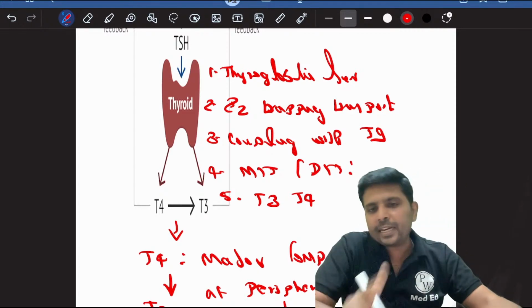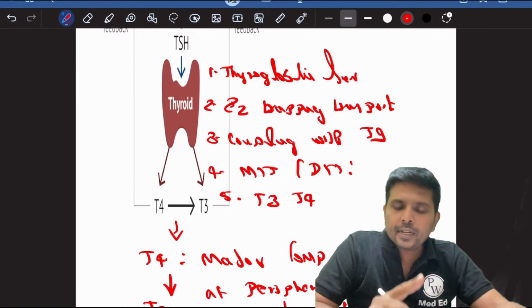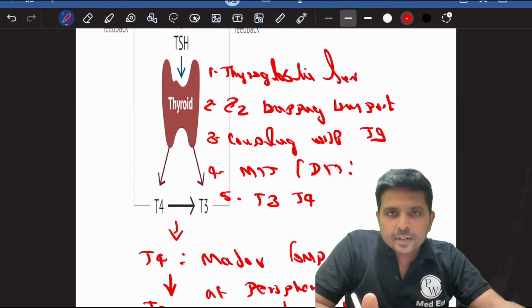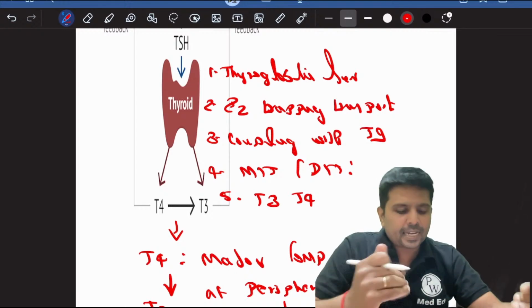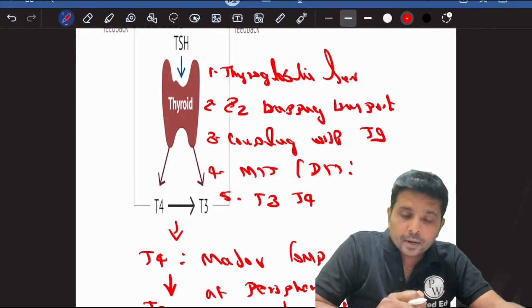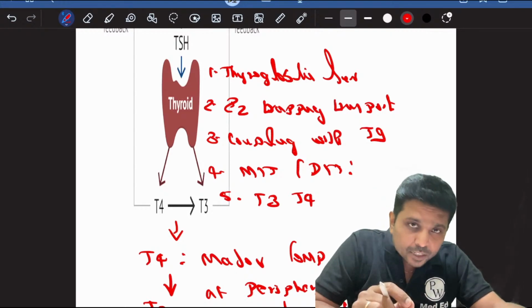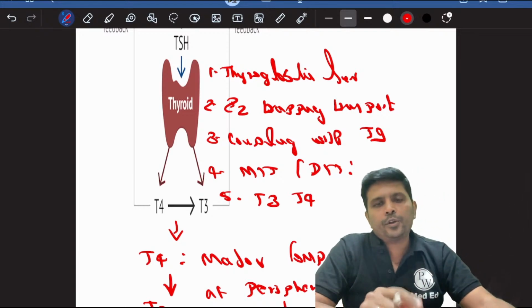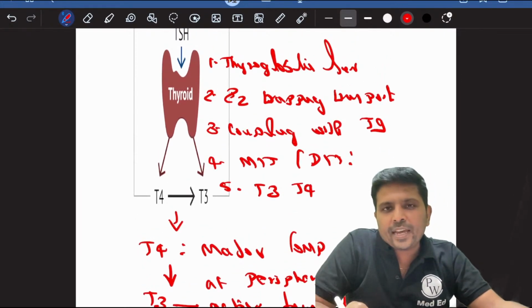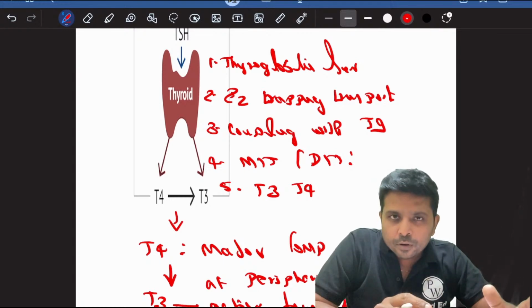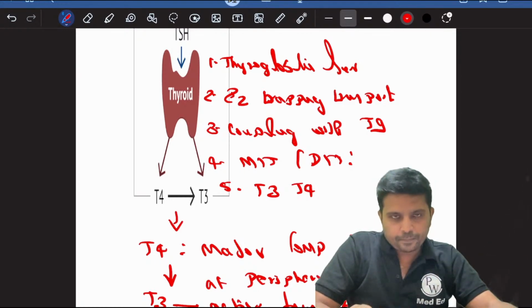So predominantly T4 will be secreted. This T4 will be converted by monoiodinase into T3, and T3 is the active form. Remember, you need to measure TSH and T4. You are not supposed to measure T3 because T3 levels will vary in blood, but T4 levels are fixed, right?